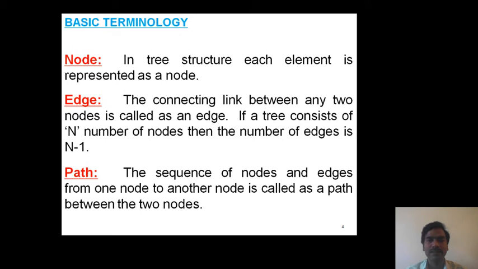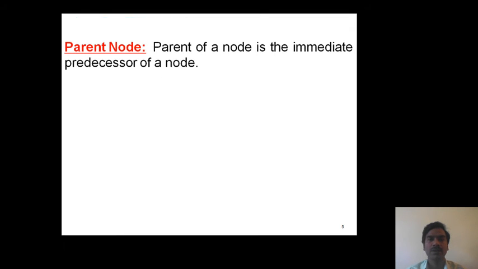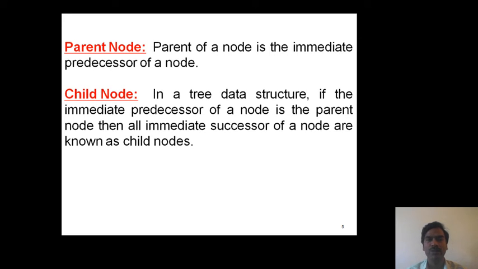Path. The sequence of nodes and edges from one node to another node is treated as a path between the two nodes. Parent node, and similarly, child node.